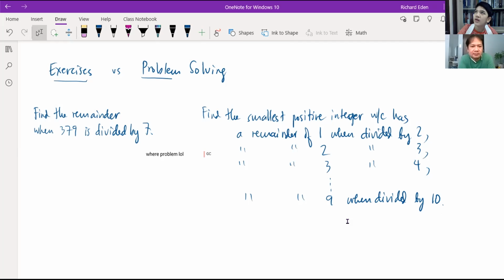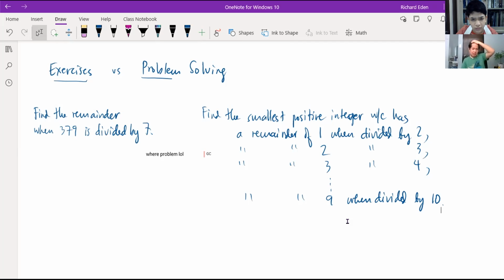Either 4 or 9 po, kasi there are only 2 unit digits for multiples of 5, plus 4. Right, 4 and 9. And then we know it's odd. So therefore the last digit must be 9. So you're right. In fact, if you look at the last clue, it has a remainder of 9 when divided by 10. So that means we know for sure that the last digit must be 9.